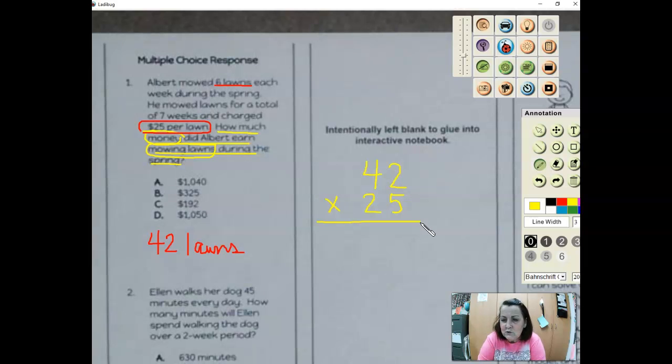I'm going to do the area model. That's my favorite. So I'm going to draw, and you can draw it with me, a rectangle. And we're going to divide it by tens and ones because we have two two-digit numbers.